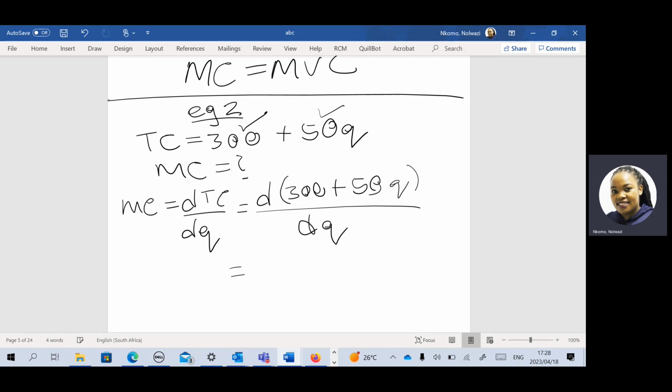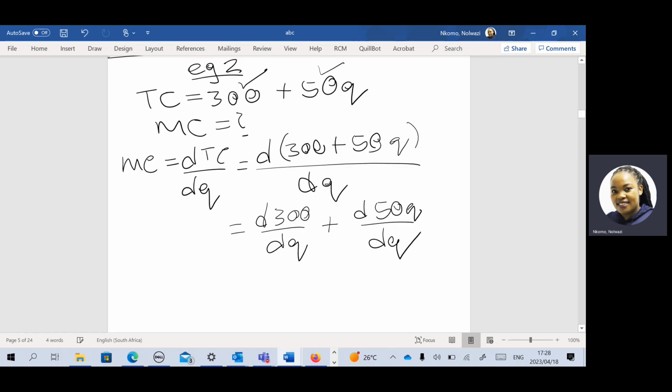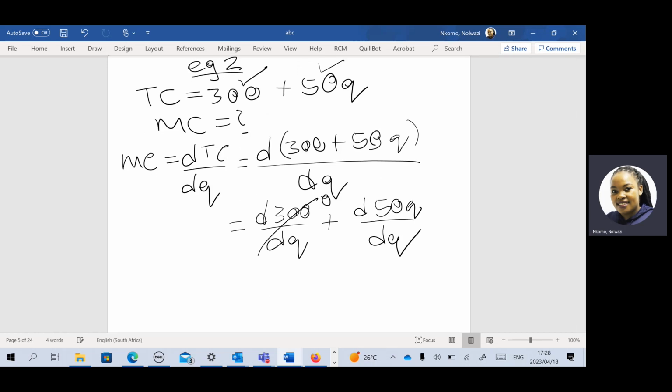So this means we have d 300 with respect to Q plus d 50Q with respect to Q. We said the derivative of the constant is 0.